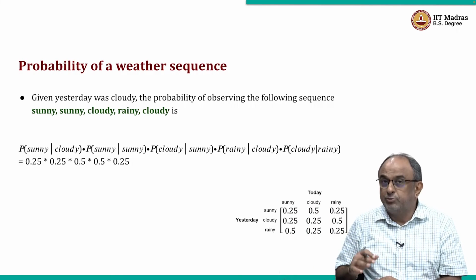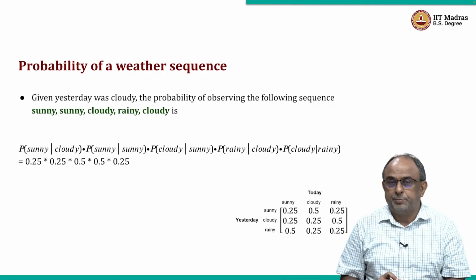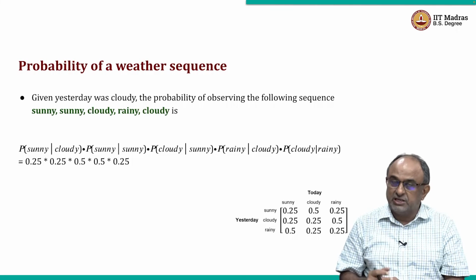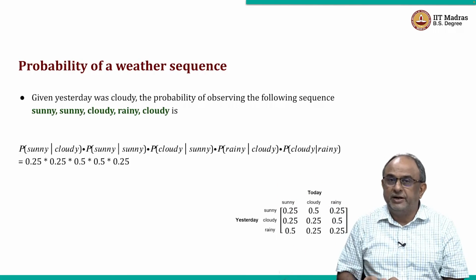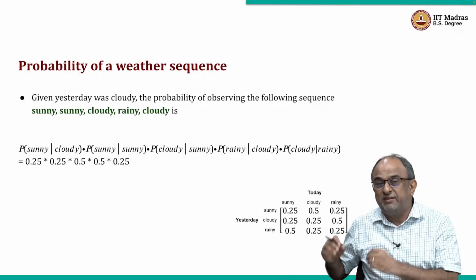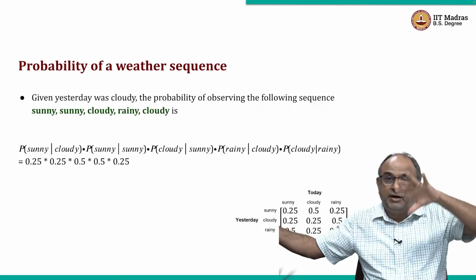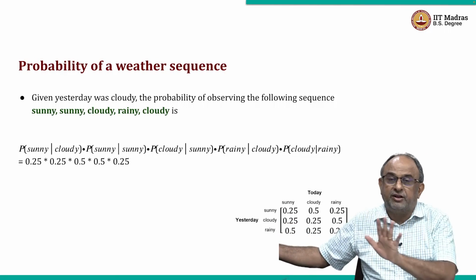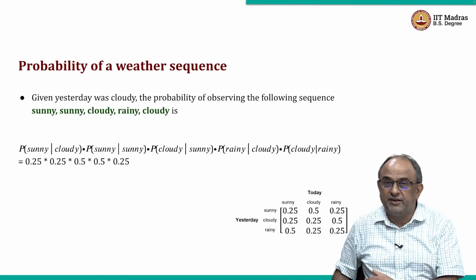I'll come to how many combinations there are, and for each one of them, I can compute the probability. And once I compute the probability, I look at the one that has the maximum probability. That is my best guess of a 5-day forecast, because that has the highest probability given the model that I have already built historically from the data. This is the most likely.